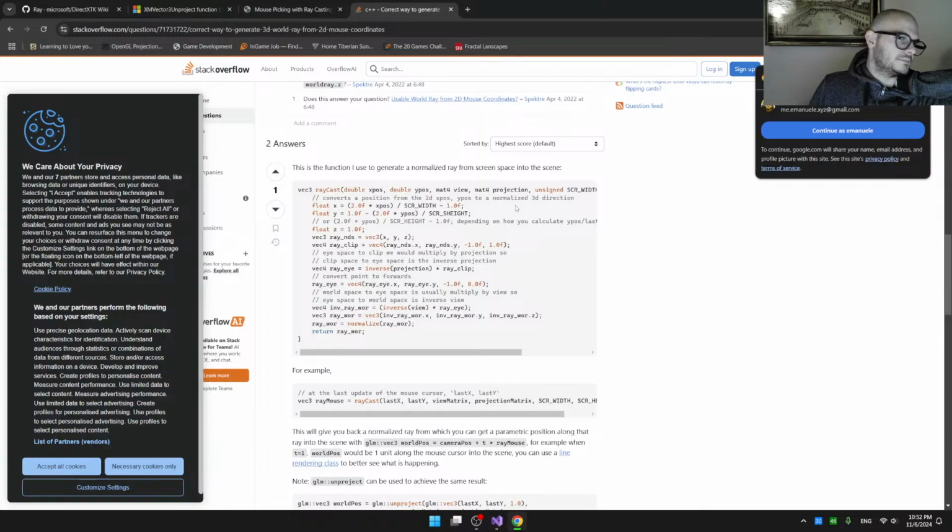That's it. So we are using the inverse of the world, the inverse of the view, the inverse of the projection.